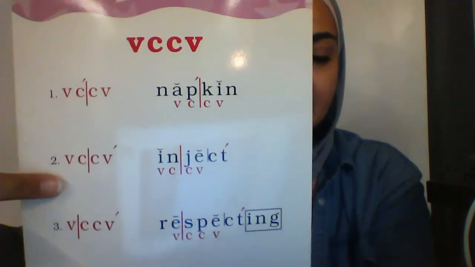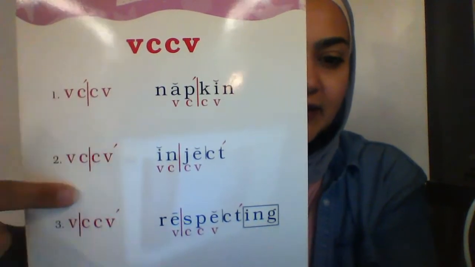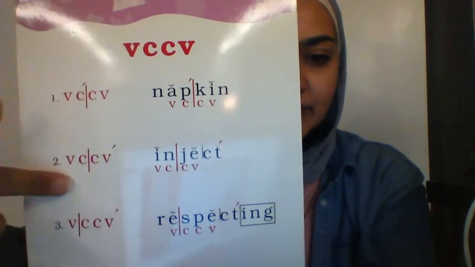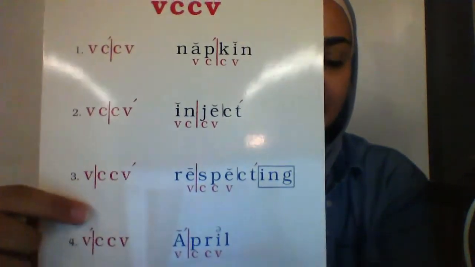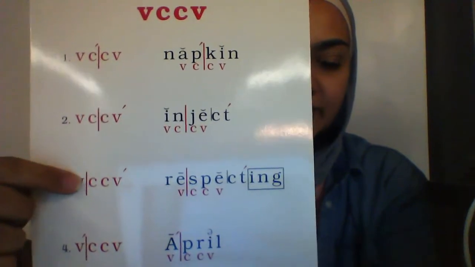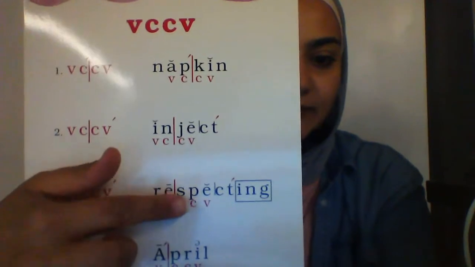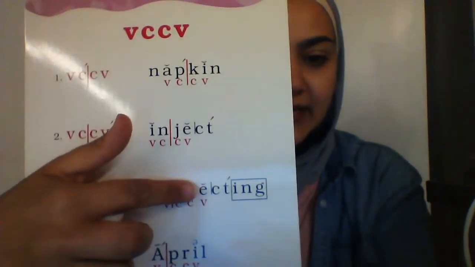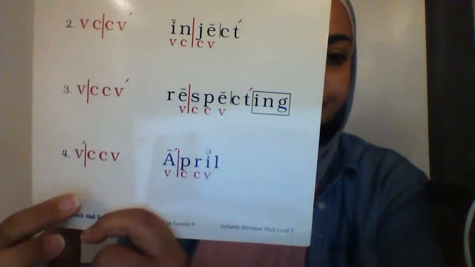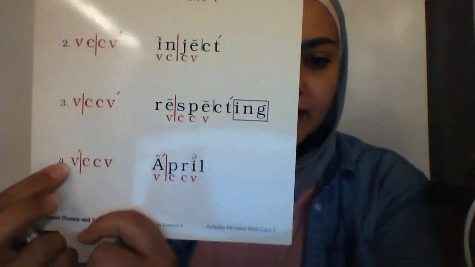In the second one, the accent would be at the end, with an example like inject. And then what if the division line goes after the first vowel, like in respecting, the accent would go towards the end. And then again, the accent is in the beginning, like in the word April, okay?